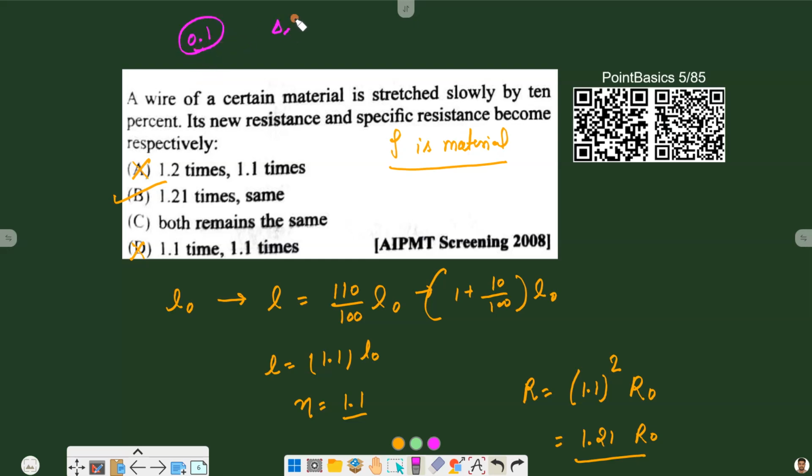So here delta L by L is equal to 0.1, and I can show you mathematically also. Suppose L is equal to 10 meter, and it is said that the change is 10%. So 10% of 10 is 1. So delta L is 1.